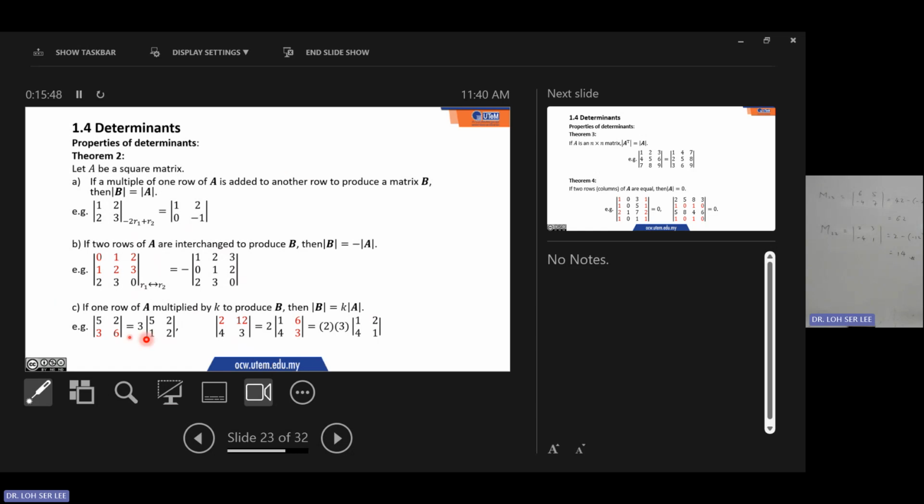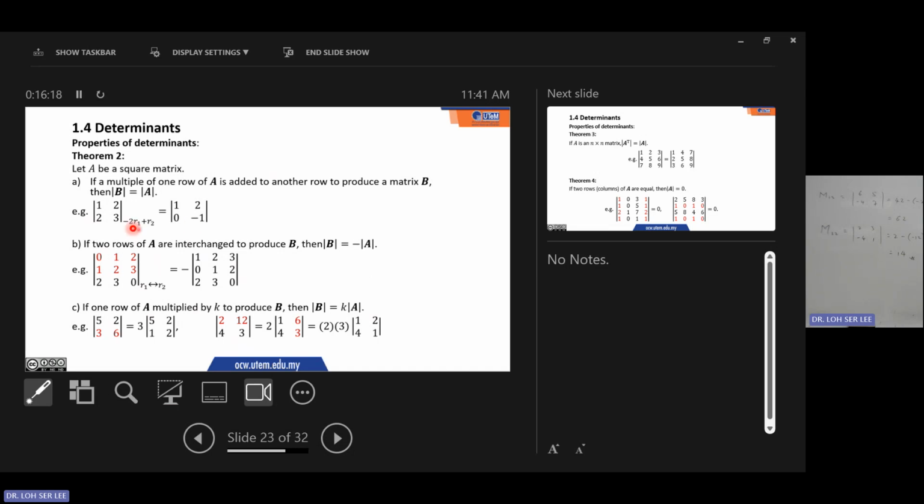So this way will be the choice to find the determinant of a matrix with a big order, like a 10 by 10 matrix. In real life problems, the matrix order could be a thousand by thousand, or even a million by million. So this is one of the ways to get the determinant.